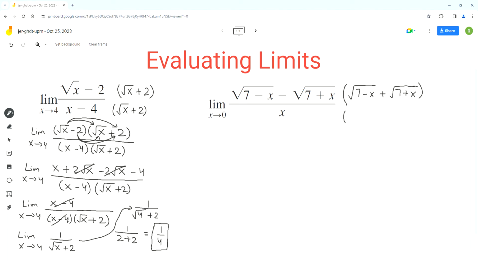And we'll multiply the denominator by the conjugate. So 7 minus x plus square root of 7 plus x.